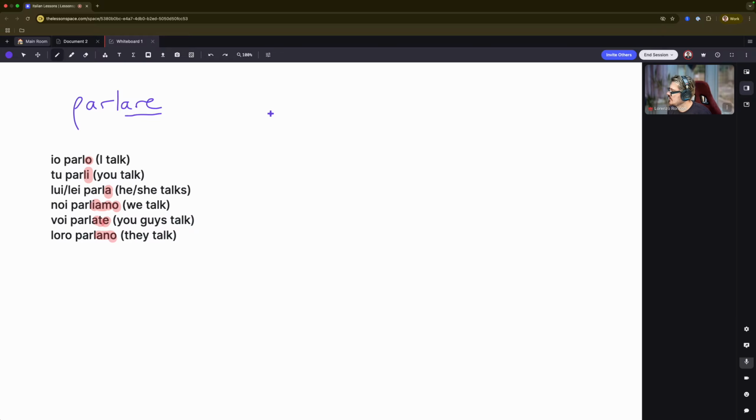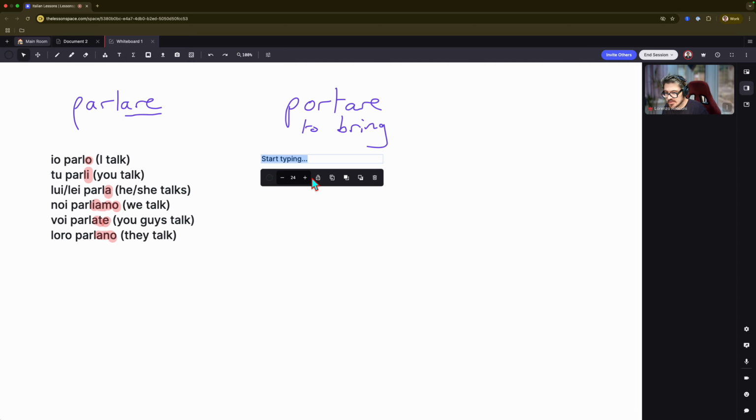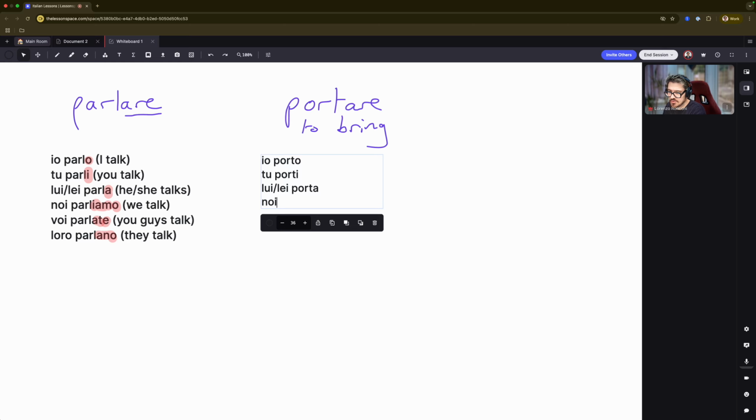So if we take another verb, for example, let's do portare, which means to bring, more or less. We actually see that this has a very similar pattern. Let's make this a little bit bigger. We would say io porto, tu porti, lui, lei porta, noi portiamo, voi portate, loro portano.